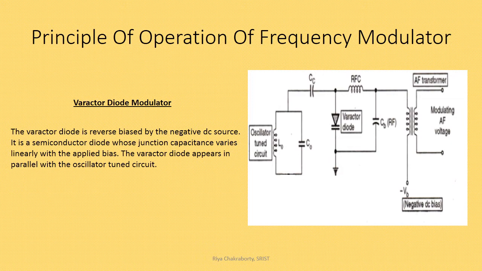The RFC will connect the DC and modulating signal to the varactor diode, but it offers a very high impedance at high oscillator frequency. Therefore, the oscillator circuit is isolated from the DC bias and modulating signal. I believe that this is clear to all.